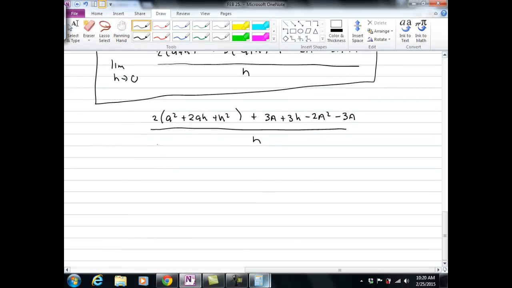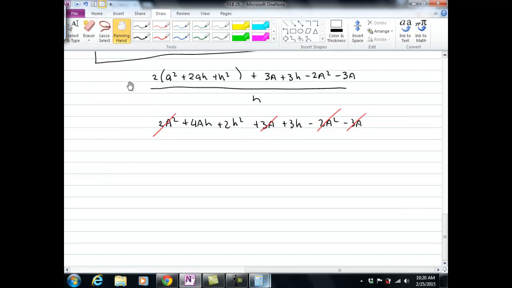So if I did this, I get 2a squared plus 4ah plus 2h squared plus 3a plus 3h minus 2a squared minus 3a. I see that this 2a squared cancels out. I see the 3a's cancel out. And what I'm really left with is this: 2h squared plus 4ah plus 3h all over h.